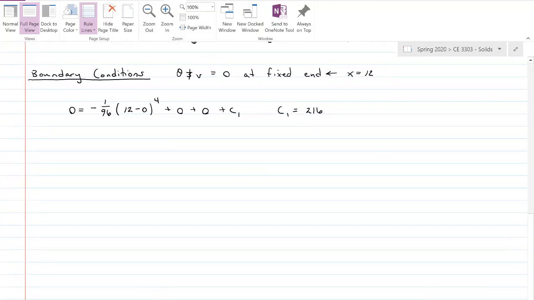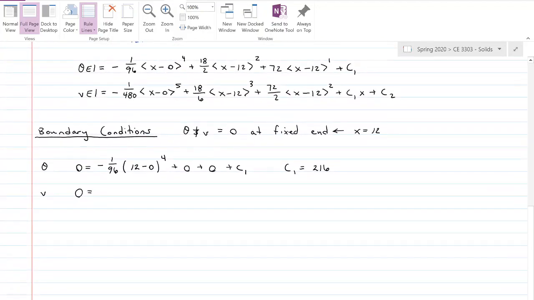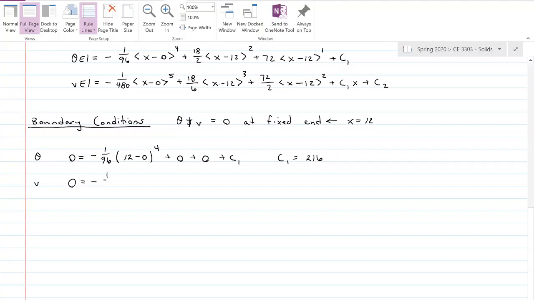And then my vertical deviation is also equal to 0. It is minus 1 over 480 times (12 minus 0) to the fifth power, plus 0, plus 0, plus C1, which is 216, times 12, plus C2. So my constant of integration C2 is equal to negative 2073.6.